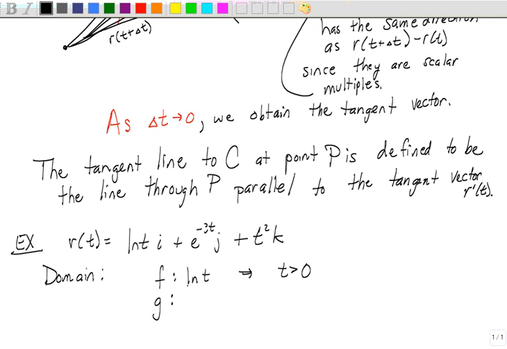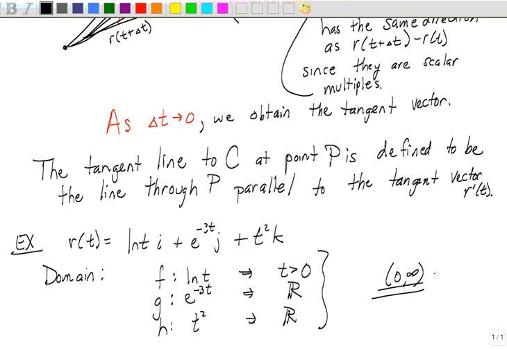You can't take the natural log of a negative number or 0. G is e to the negative 3t, and that domain is all real numbers. And h is t squared, and its domain is all real numbers. So the intersection is 0 to infinity. That's the domain of r.